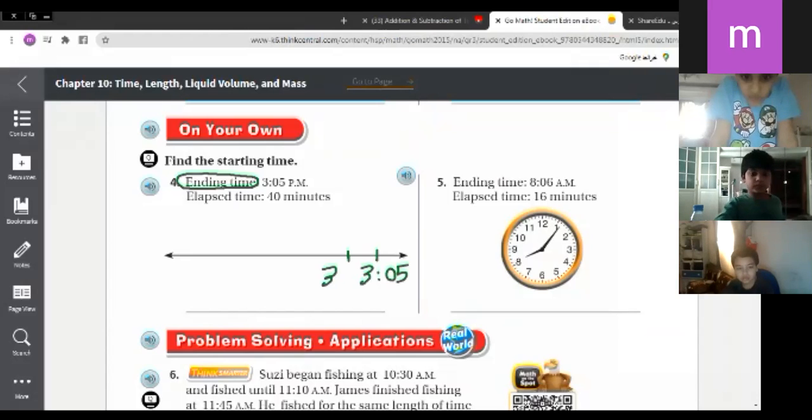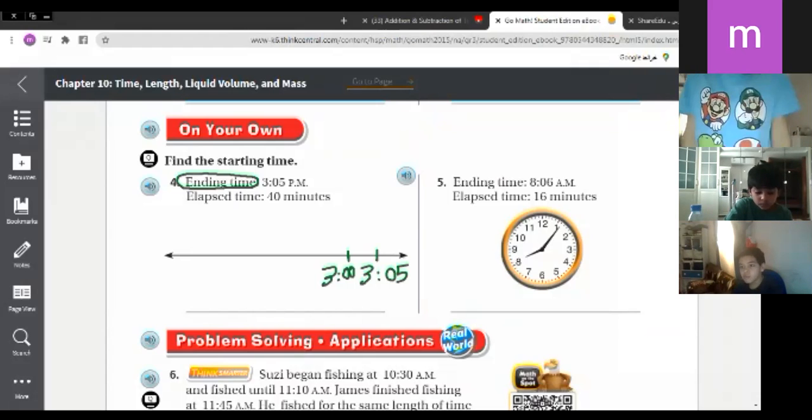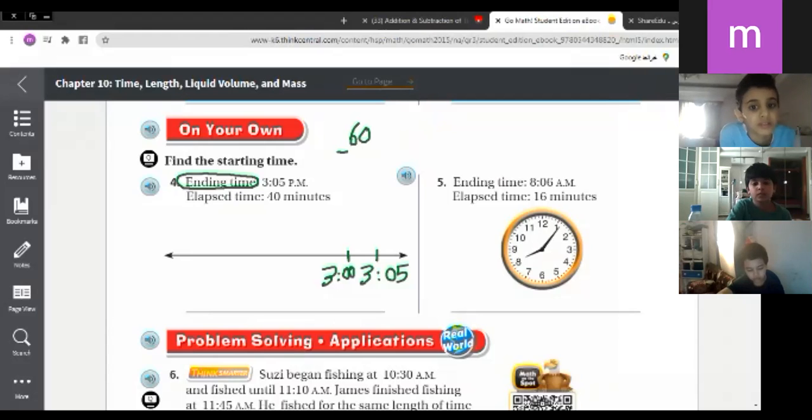Exactly 3 p.m. Then if we take out 5 minutes from 40, what will you get? 35. So count back by 35 minutes. We can do 60 minutes minus 35 minutes.